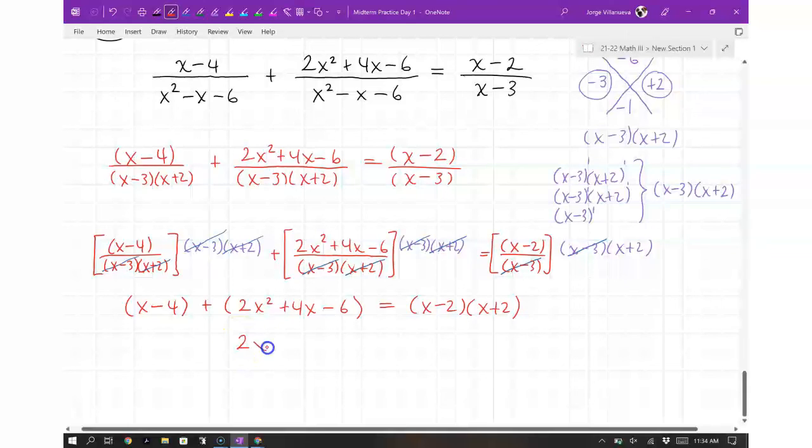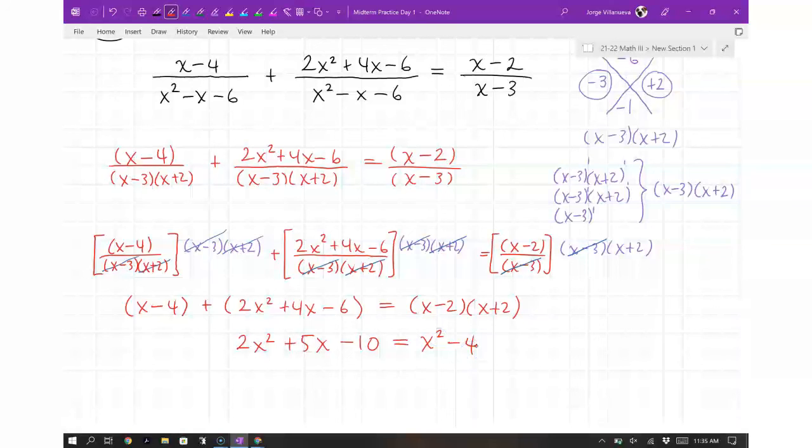You're going to get 2x squared. X plus 4x is 5x. And negative 4 plus negative 6 is negative 10. X minus 2 times x plus 2 is called a difference of two squares. When you multiply those together, you get x squared minus 4. So you would have just distributed. I'm just skipping that because I know we got 3 minutes.